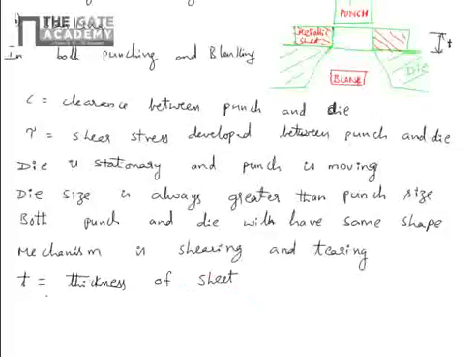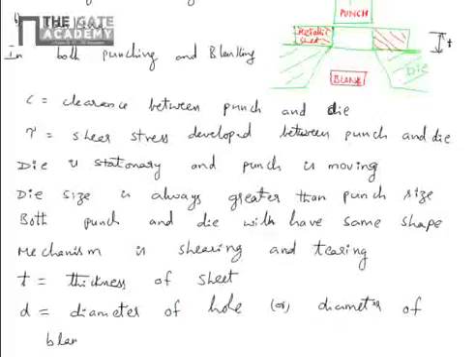Tau is shear stress, and D is diameter of the hole if it is in punching, or diameter of blank if it is in blanking. Depending upon the question, the D value changes.